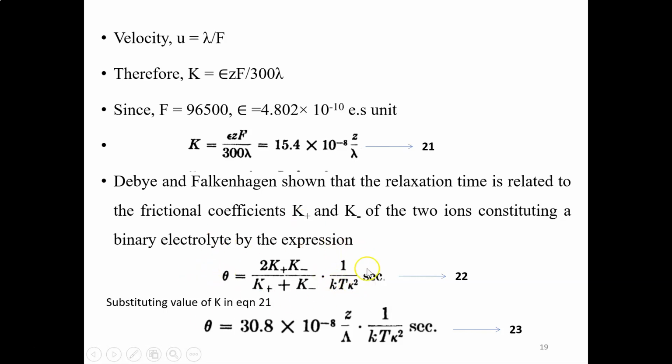So we have this expression, and now we are going to connect this particular potential and the relaxation time. Instead of k we are going to substitute 15.4 into 10 raised to minus 8 Z by lambda, and the theta value we'll be getting is 30.8 into 10 raised to minus 8 Z by lambda multiplied by 1 by kT kappa square.